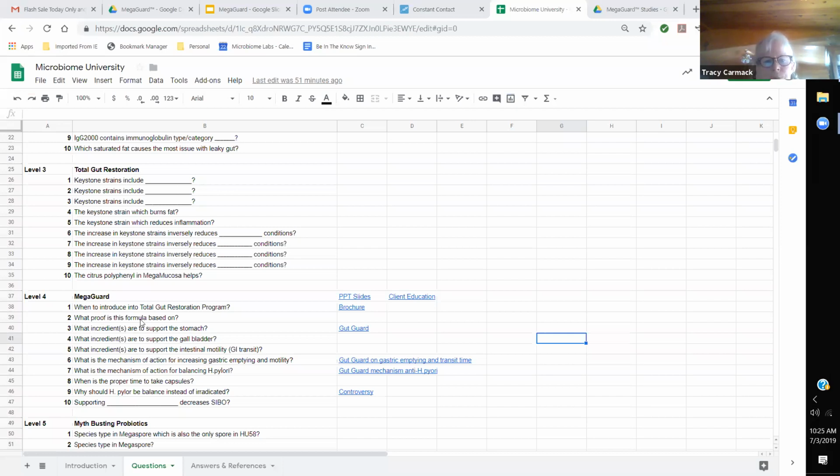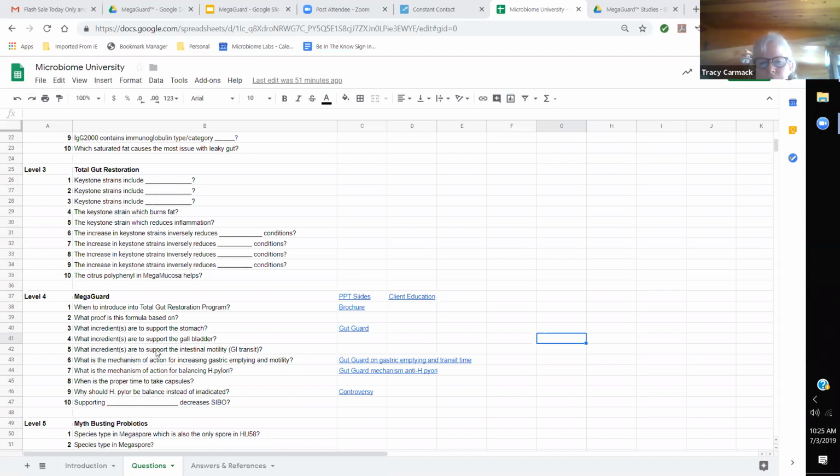What is this formula based on? It's the registered trademark Licorice, the German pharmaceutical Artichoke, and the Italian pharmaceutical Ginger. What ingredient is good for the stomach? That would be primarily the Licorice. What ingredient is good for the gallbladder?